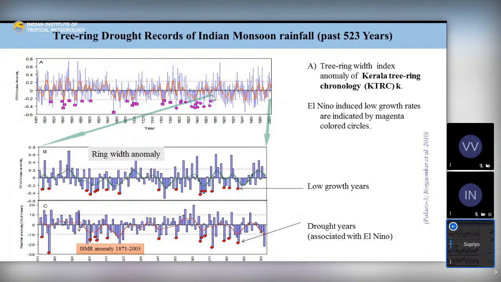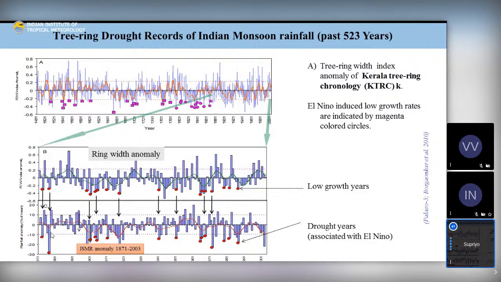And when this portion is zoomed, for example, 1870 to approximately 2000, what we see here is all the low growth years represented by these red circles, they match very well with the drought years.